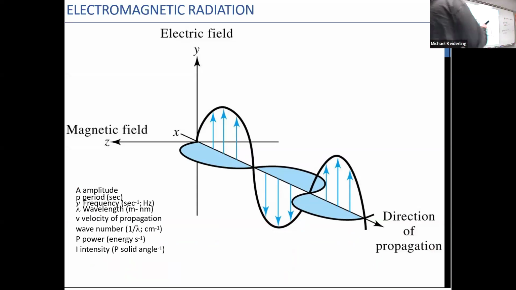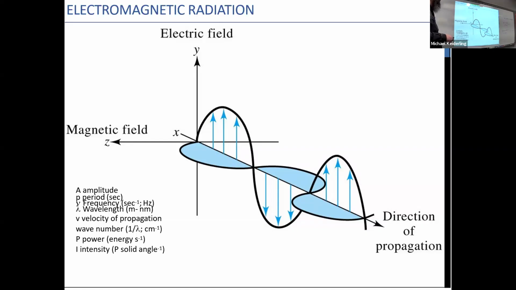So in general, we're dealing with the interaction of electromagnetic radiation, light, with matter. So we're sending wiggling electromagnetic fields and they interact with various molecules and such. And what they're interacting with varies depending on the situation. So electromagnetic radiation, we can describe it. There's amplitude, which is how big the wiggles of the wave are.